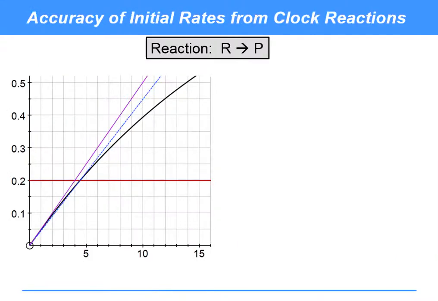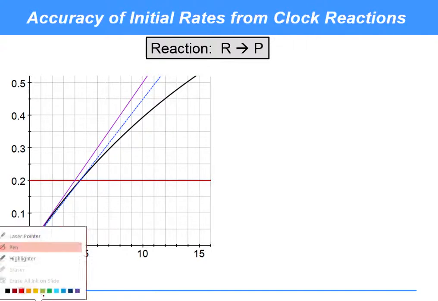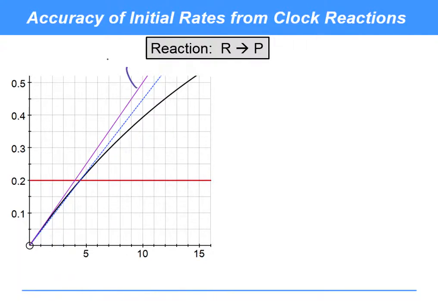Okay, let's think about it together. So, at the moment, this purple line here is showing you the actual tangent at t equals 0. And the initial rate is actually 0.05 moles per decimeter cube per second. This blue dotted line here is the average rate calculated using a critical value at a concentration of 0.2.